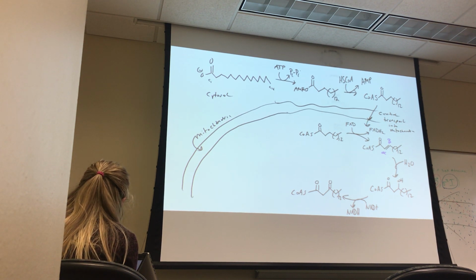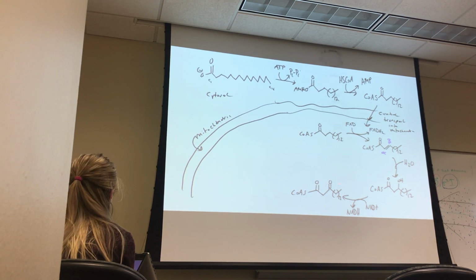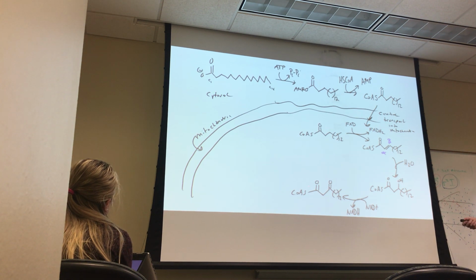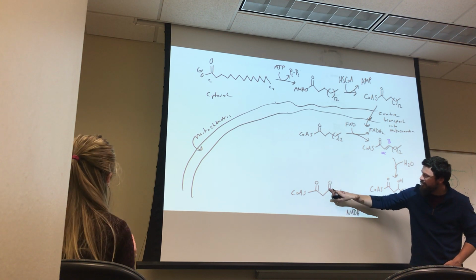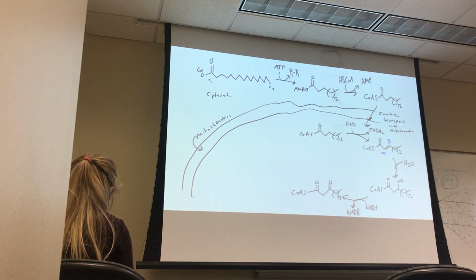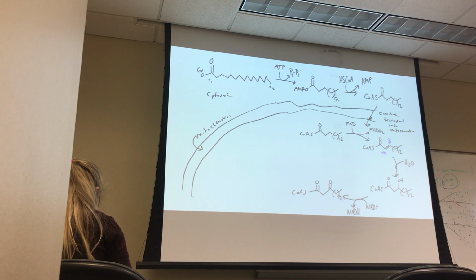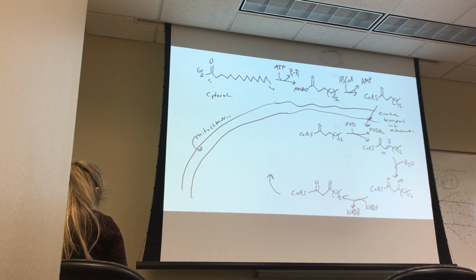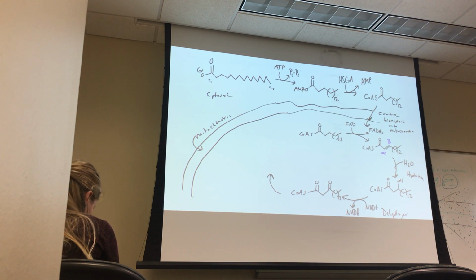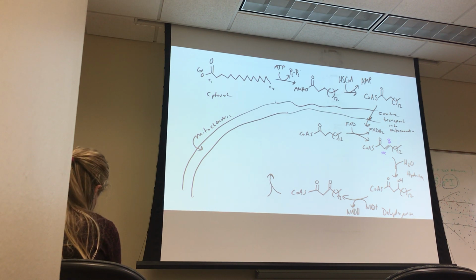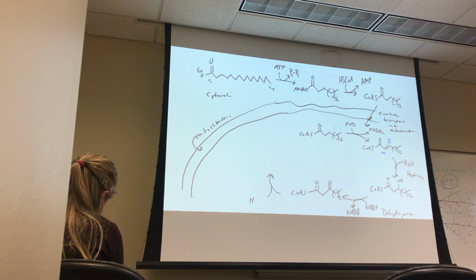Now that we've installed this beta keto group on the acyl group, this is reactive, and so we're going to bring in another coenzyme A, and the enzyme thiolase. This is a hydratase. This is a dehydrogenase. This one will be called thiolase, which brings in another coenzyme A.